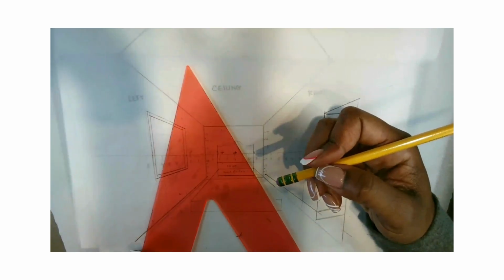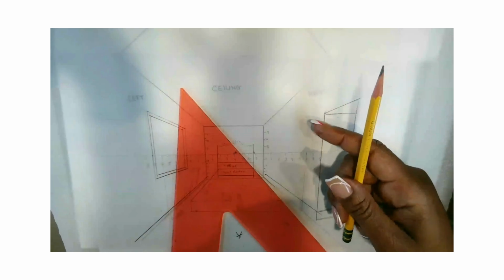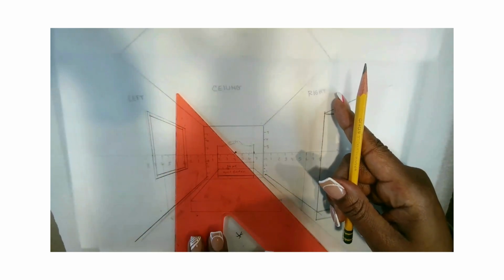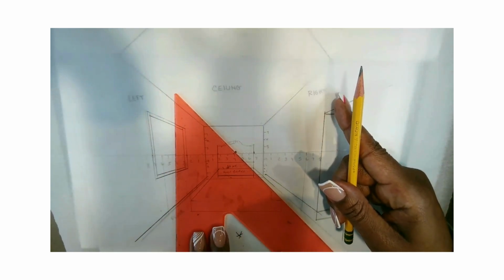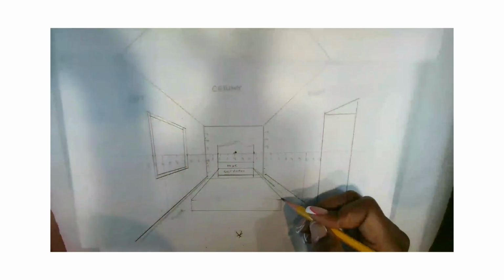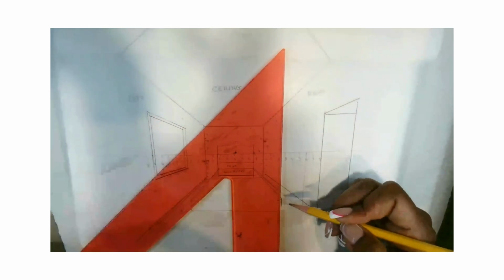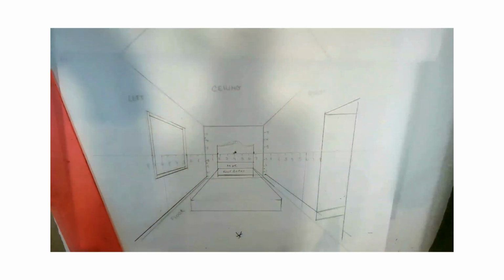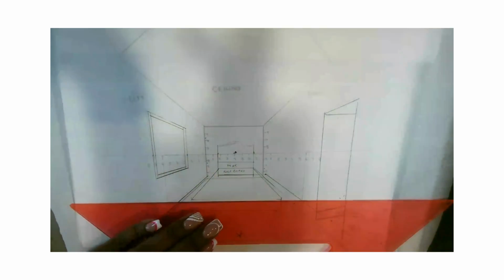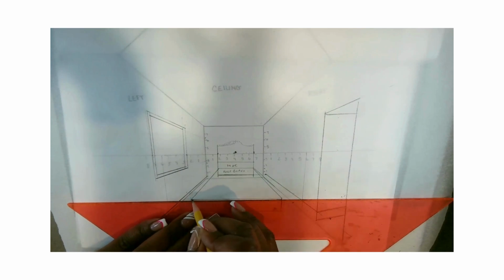So going back to my footboard here, through my vanishing point. Okay, so this is where it met my 2.5 on this side, and it met on that side, and now again I can draft that line across to clean it up.